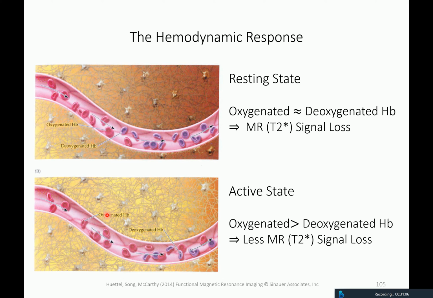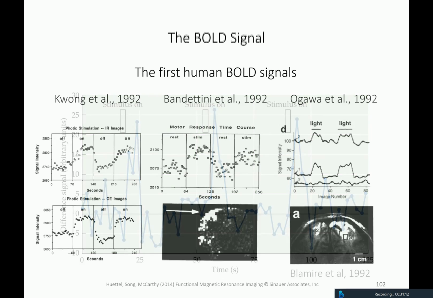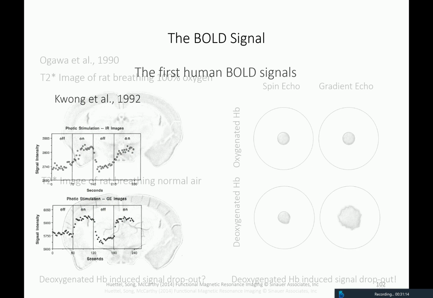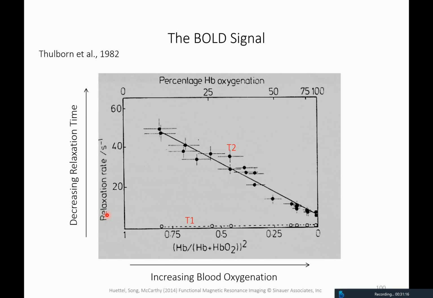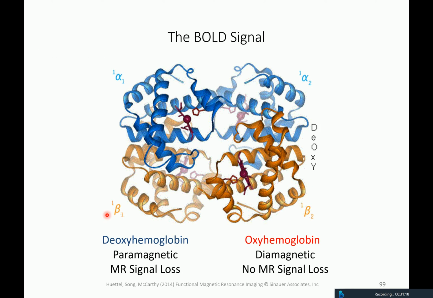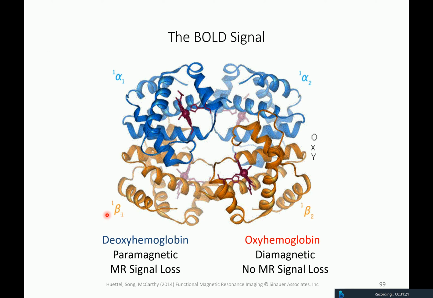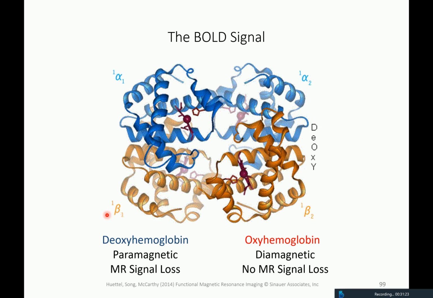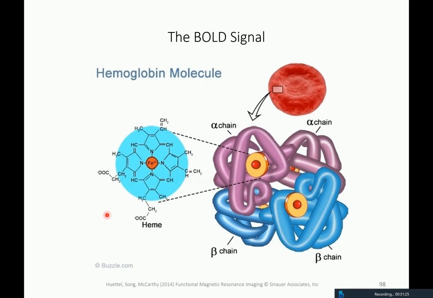Is there a question? Yeah, I'm sorry, on one of the slides before, I didn't get this change from oxyhemoglobin to deoxyhemoglobin. This one. I didn't get it at all. The point here is that there are these heme groups which have iron molecules in them, so they have some electromagnetic properties because they have these ions in them.